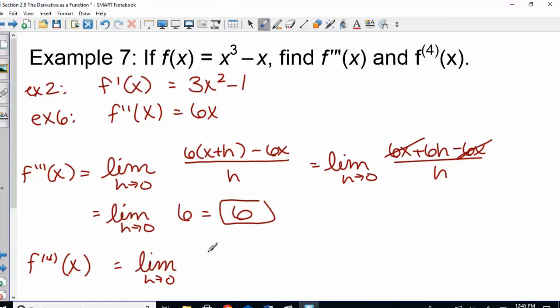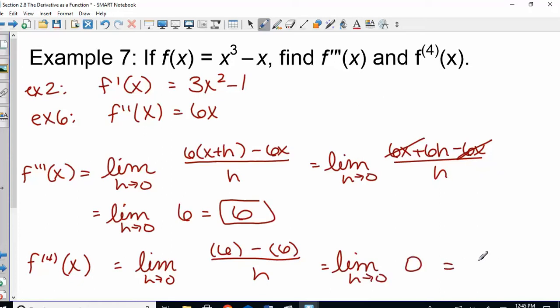f of x plus h says go to your function, replace your x with an x plus h. There's no x, so it's just 6. Minus, what's f of x? Just 6 divided by h. So we get the limit as h approaches 0 of 0.